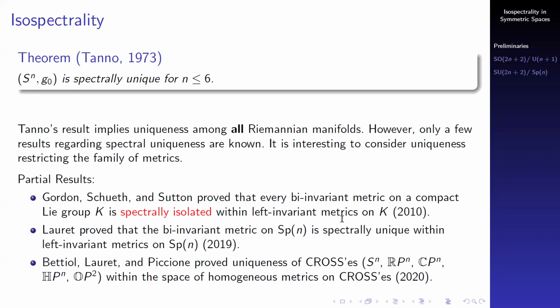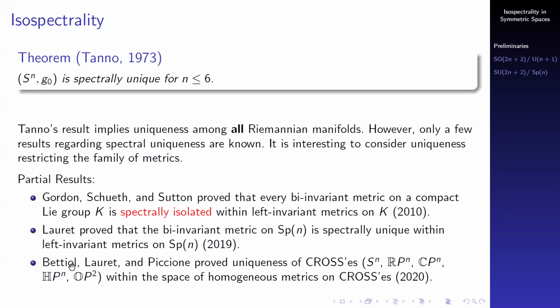They proved that there is a neighborhood of the bi-invariant metric in this class of metrics where there is no isospectrality with the bi-invariant metric. Also, Lauret proved that the bi-invariant metric on Sp(n) is spectrally unique within the left-invariant metrics on Sp(n). Again, here we're restricting the class of metrics to the class of left-invariant metrics on Sp(n).